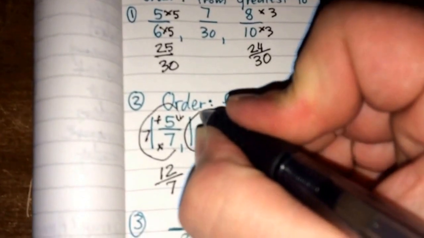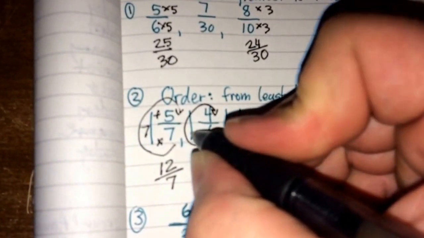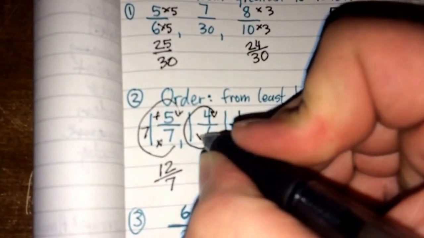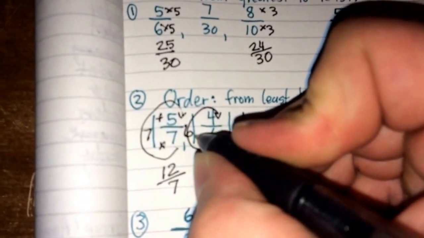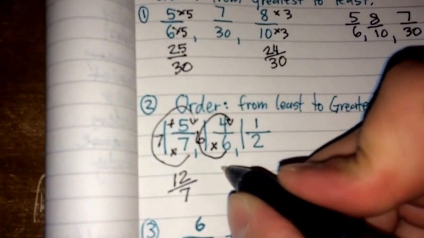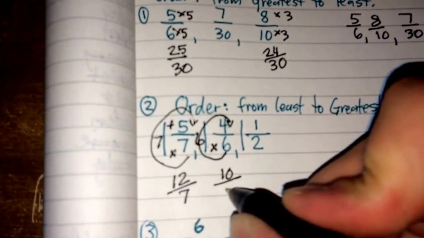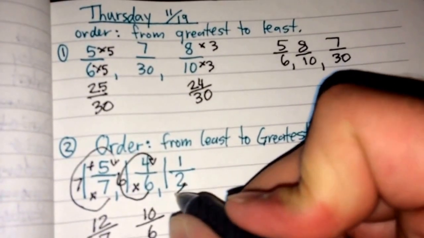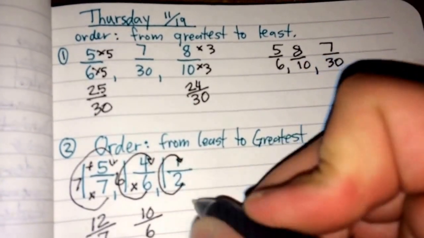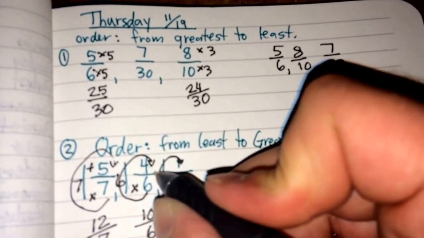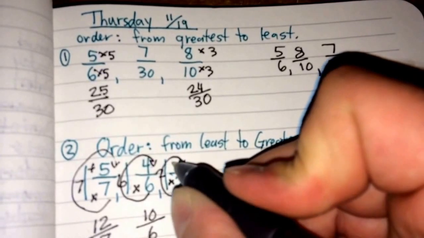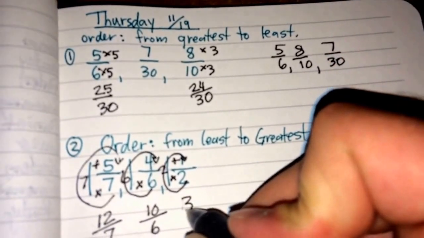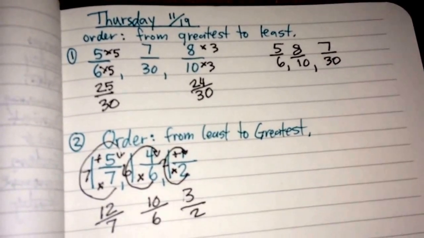Loop-de-loop. 6 times 1 gets me 6. And then 6 plus 4 is going to give me 10. I'm going to put that 10/6 there. And for 1 1/2, it's 2 times 1 is 2, plus 1 is 3, so that gives me 3 halves.